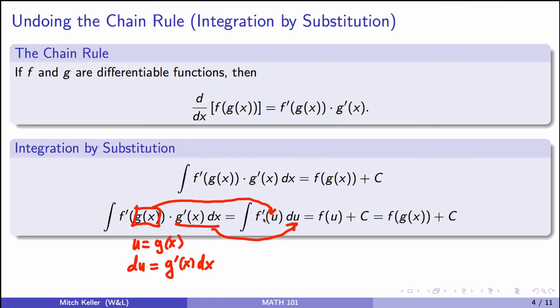We're assuming we have some algebraic antiderivative f for f prime, and so we have f of u plus c, but we knew that u was equal to g of x, and so we replace that and we get over here. In future screencasts, we'll talk more carefully about some specific examples so we can really see this integration method concretely in action.